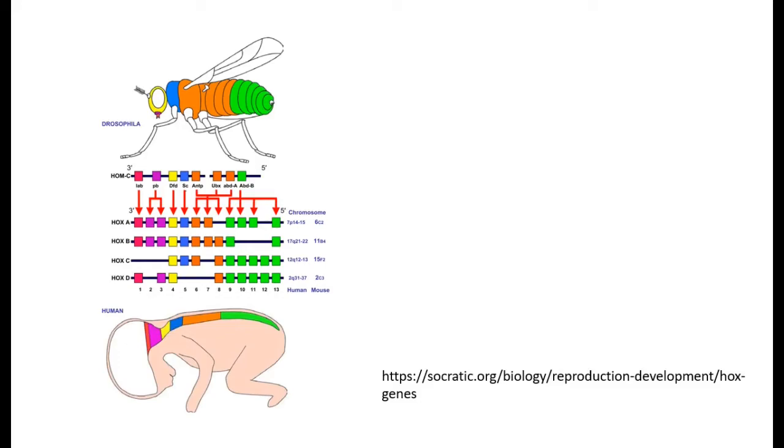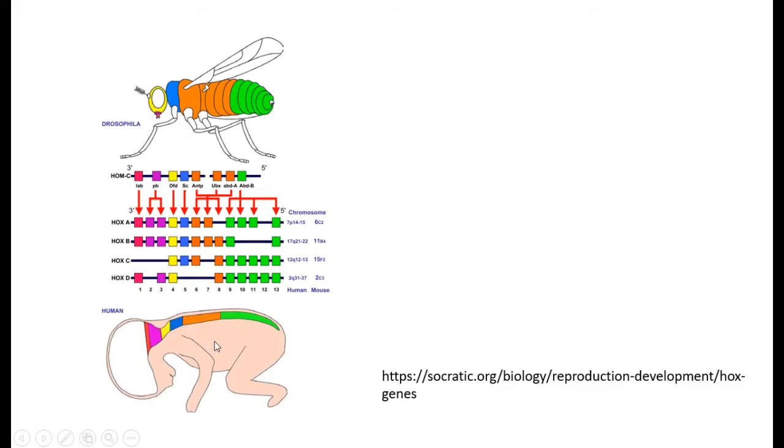So I've got this document where you can see some of these genes which plan the organization, and what's interesting is that some of them have quite similar sequences in, well, you recognize the Drosophila fly we studied in the beginning of the year, and some of these genes are very similar to the ones we have.